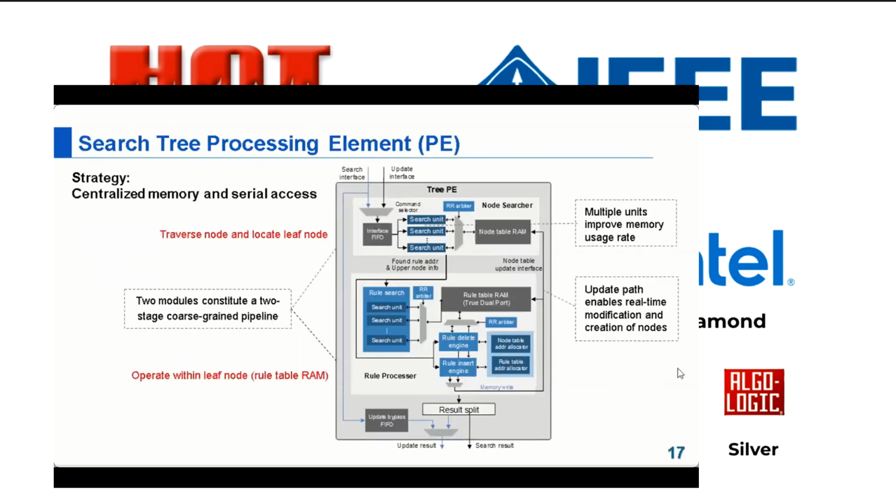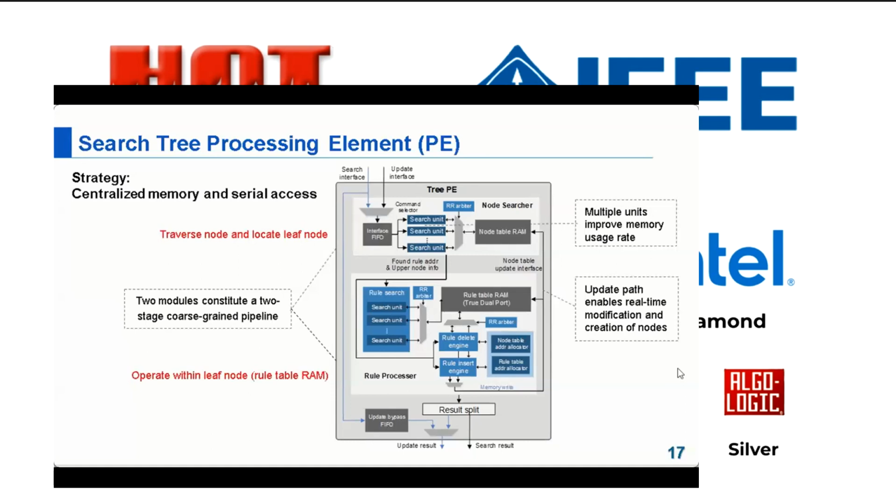Instead of a fully pipelined design, the architecture of the search tree PE adopts a centralized memory and a serial access method. It consists of a node searcher and a root processor module, each having a RAM to store the node table and root table respectively.